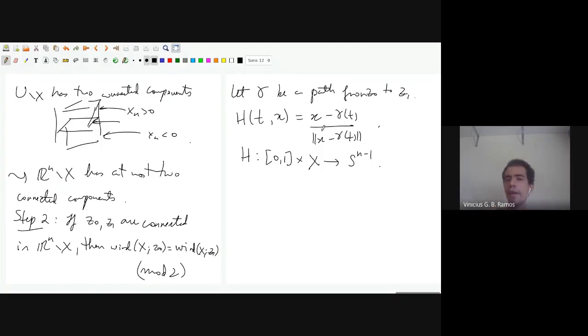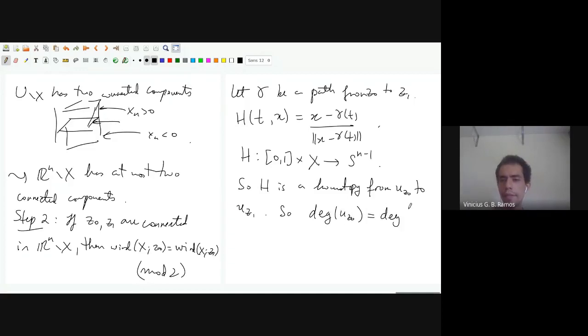So h is now a homotopy from uZ0 to uZ1. So that means that the degree of uZ0 is equal to the degree of uZ1, because they're homotopic maps.